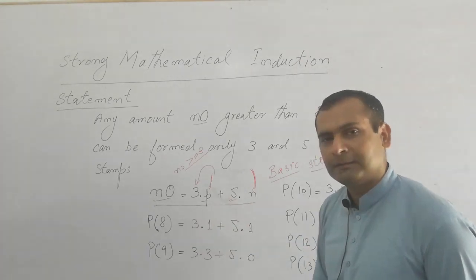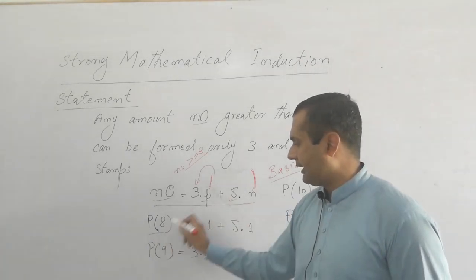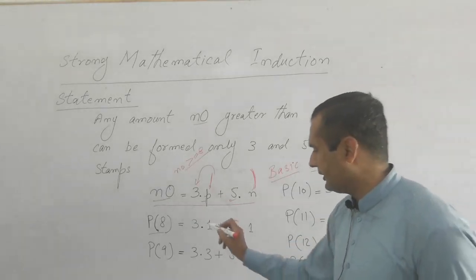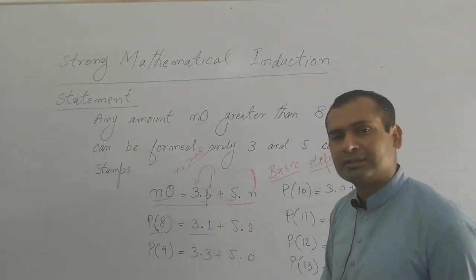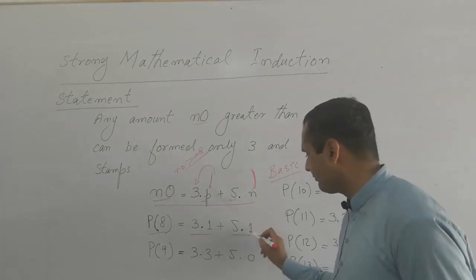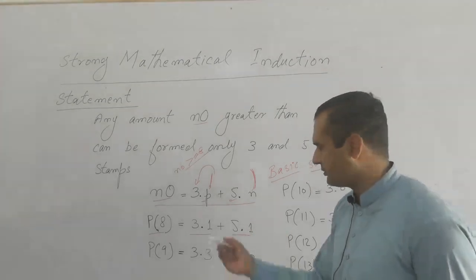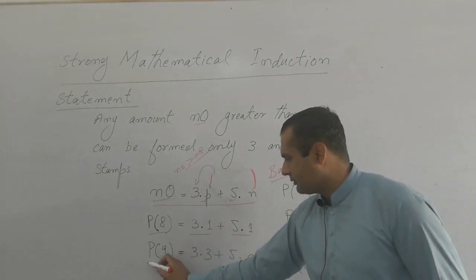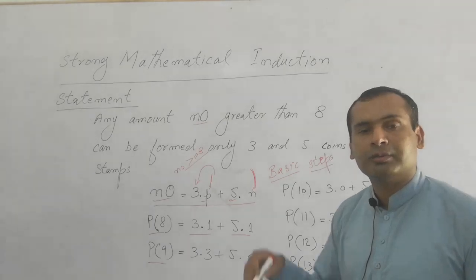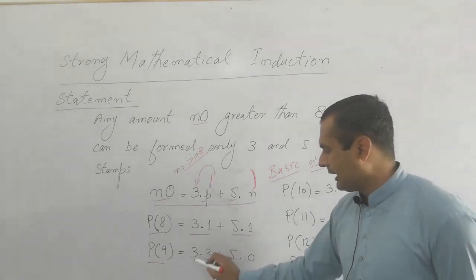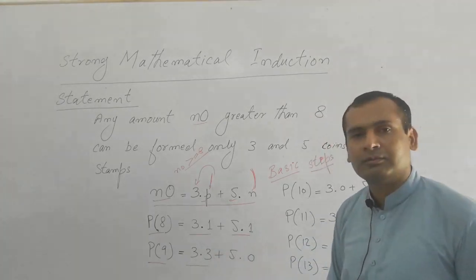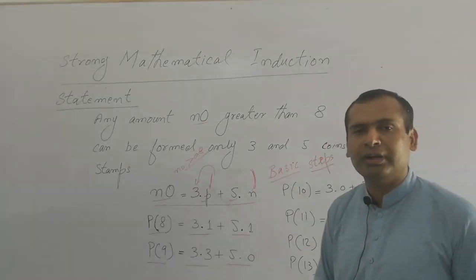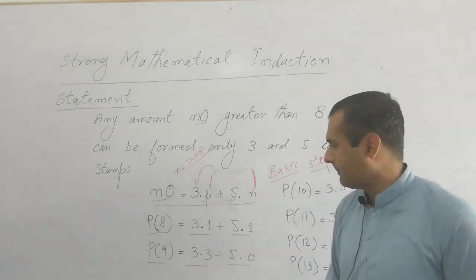So now let's prove it. The value of 8 can be formed with one 3 coin stamp and one 5 coin stamp. It is very clear, you can see. And the value of 9 rupees can be formed with 3 coins of the 3 coin stamp and 0 of the 5 coin stamp, we don't need any 5 coin stamp.